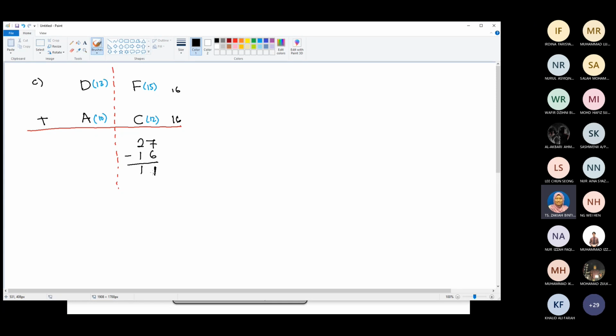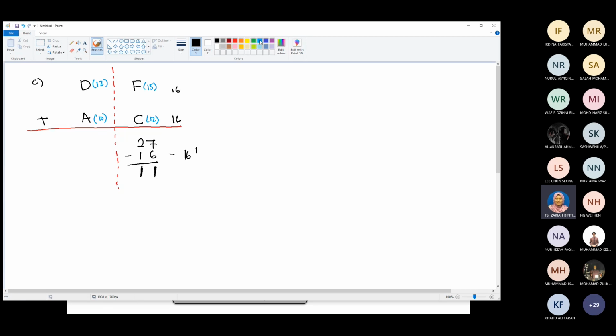So what you will get is 11 for the sum, or the result. And then the carry bit is 16 power of 1.